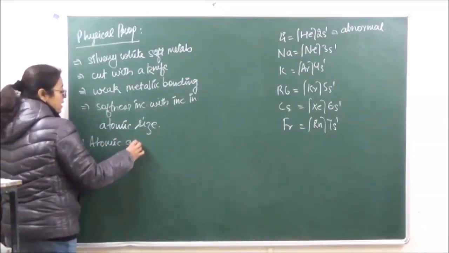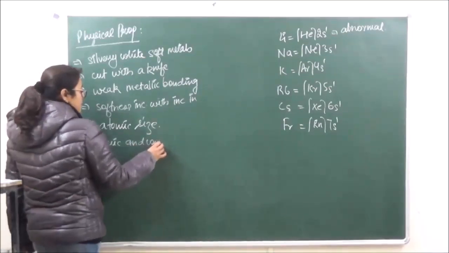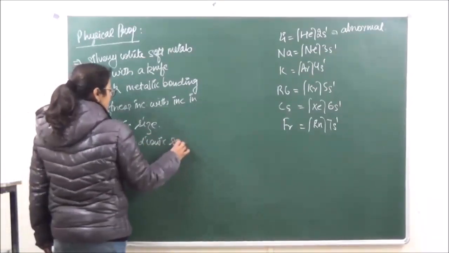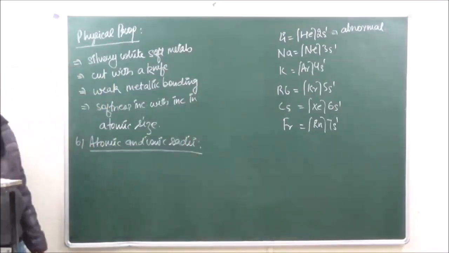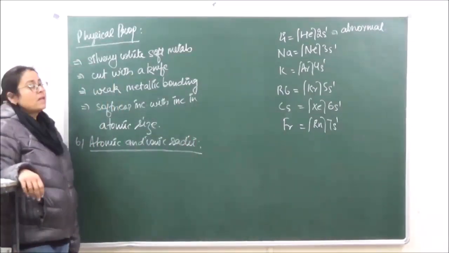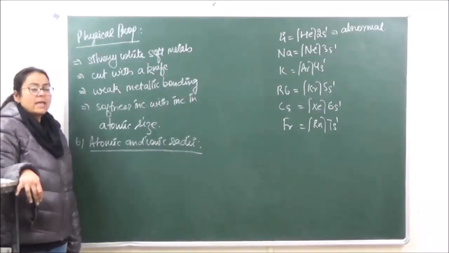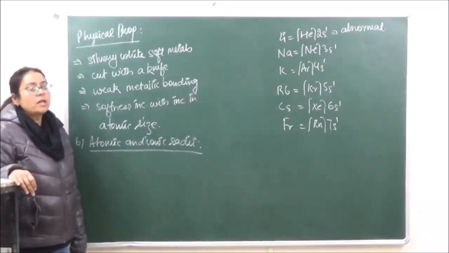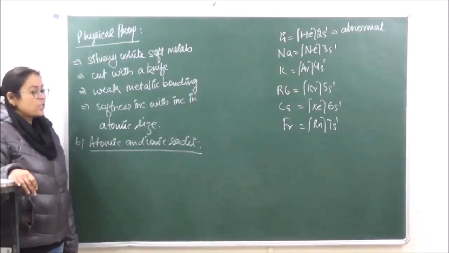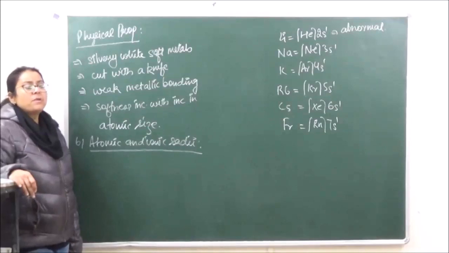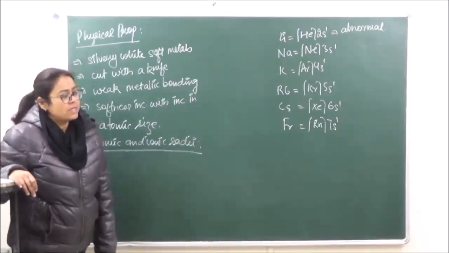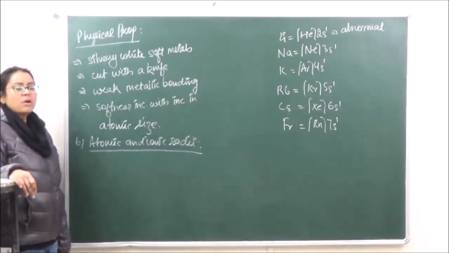Then we go on to the atomic and ionic radii. Alkali metals are going to have the largest size in their respective horizontal period. Because you know that as we travel along the period, as we've done in chapter 3, the nuclear charge will keep on increasing and hence the size will keep on decreasing.